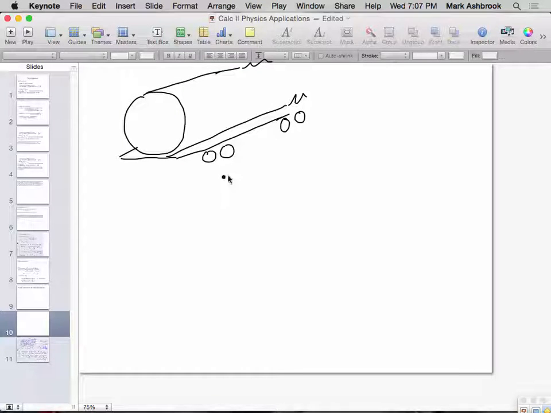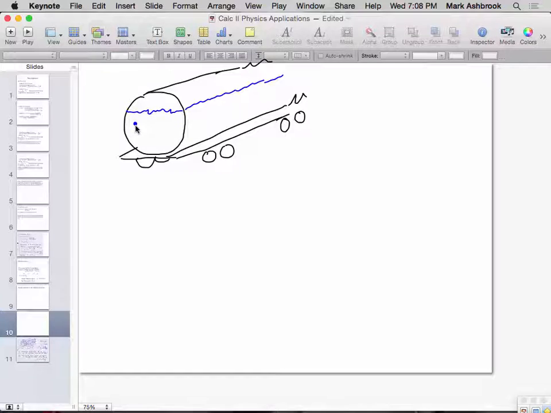Okay, and it's filled with oil. Okay, that's the best oil tanker I've drawn all day. And so it's filled 3/4 full in height. And apparently this oil is blue.